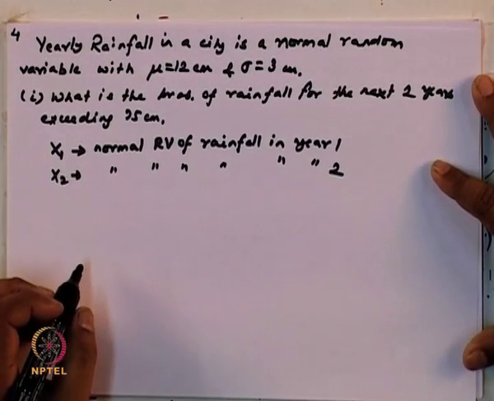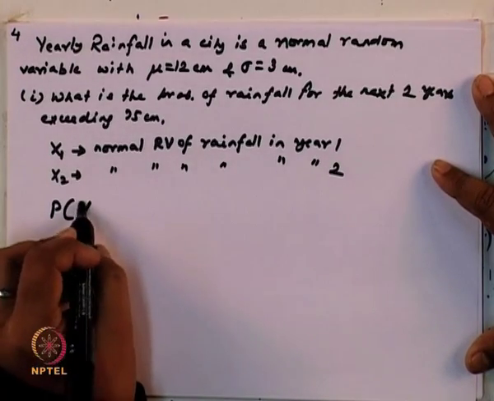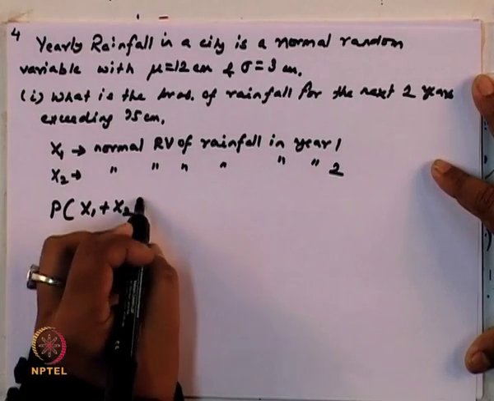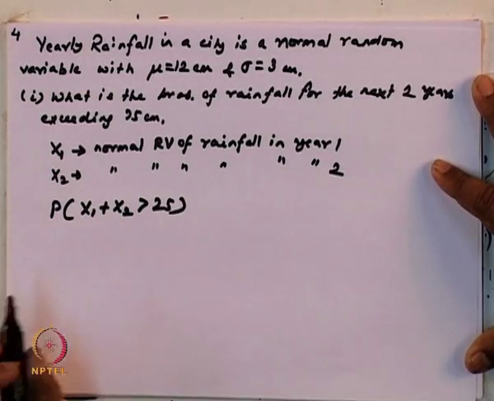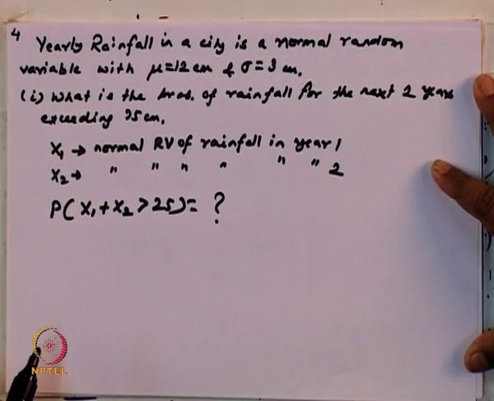So what we have been asked to calculate is the probability of x1 plus x2 greater than 25.